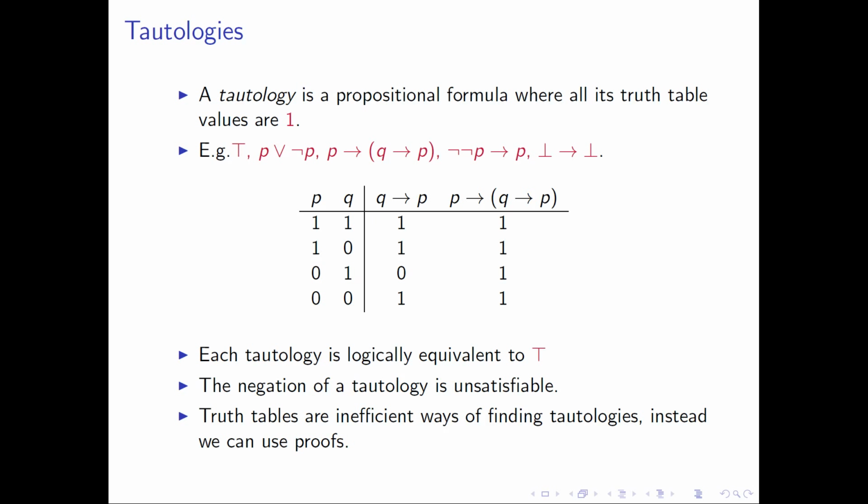However, truth tables necessarily grow exponentially on the number of variables that you have, so they're inefficient ways of finding tautologies. Another way of showing something is a tautology is using a proof.